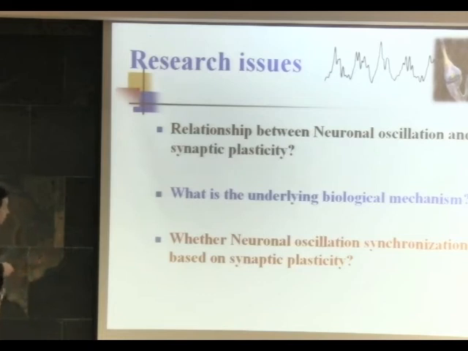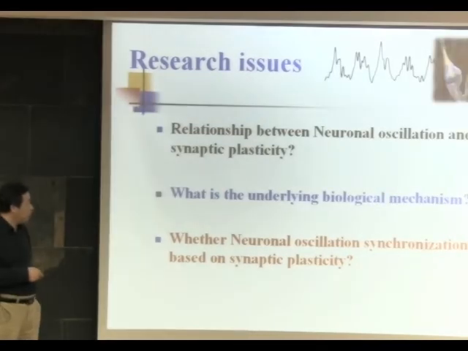Then, if there is a relationship between them, we are interested to know the underlying biological mechanism. This is the second stage we are doing now. The last one is just a hypothesis, whether neural oscillation synchronization is based on synaptic plasticity.